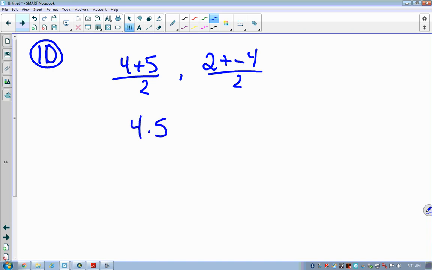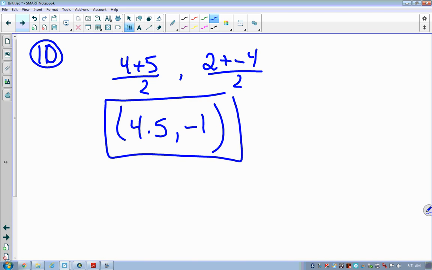Let's just write it as 4.5. 2 plus negative 4 is negative 2. Negative 2 divided by 2 is negative 1. All right, is that doable? Okay, so just got to know that midpoint formula.